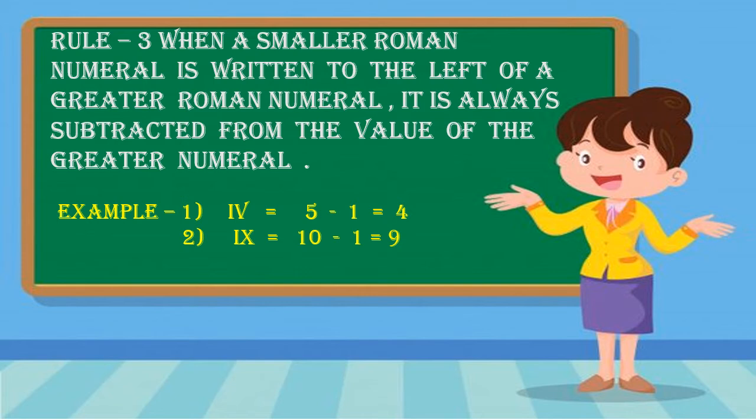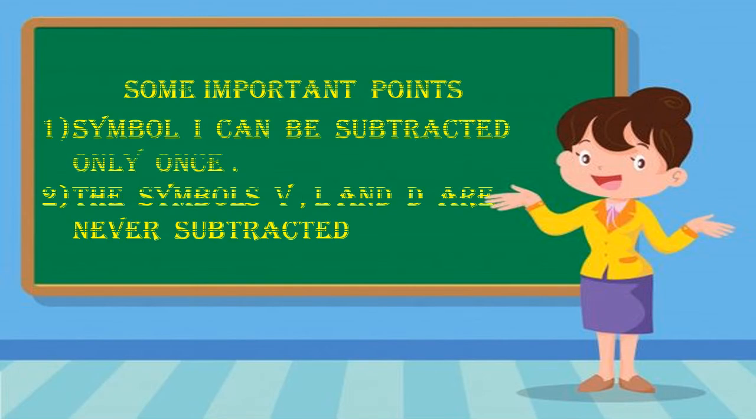Since the smaller numeral is written on the left, it is subtracted from the greater numeral, that is 5 minus 1 equals 4. In example 2, I and X are written. Same as example 1, I is written on the left of X, which is the smaller numeral. So, it is subtracted from the value of X, that is 10 minus 1 equals 9.